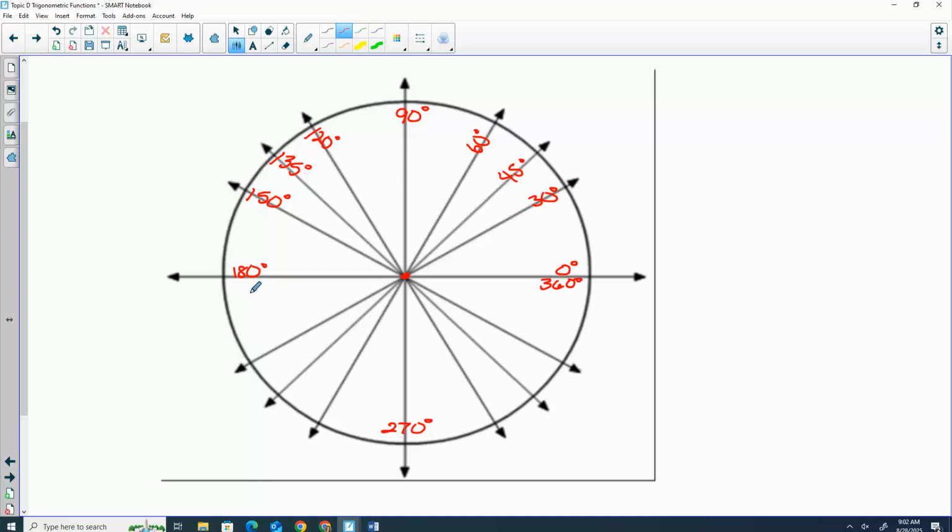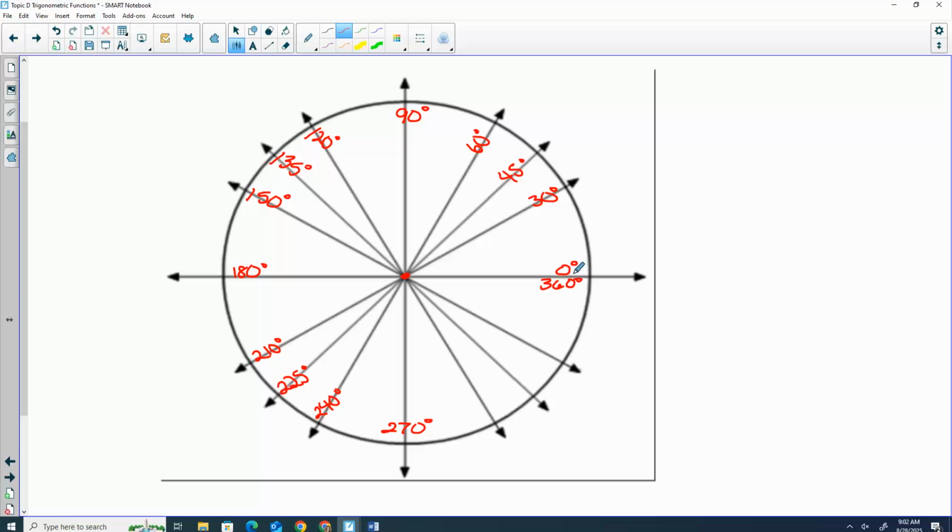In the third quadrant, we've gone past 180, so we add our reference angle. So 180 plus 30, 180 plus 45, 180 plus 60, and then this is 180 plus 90, so 270.